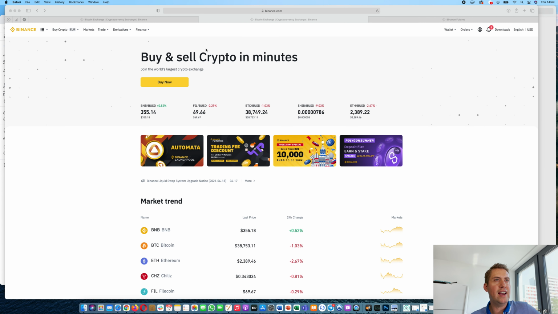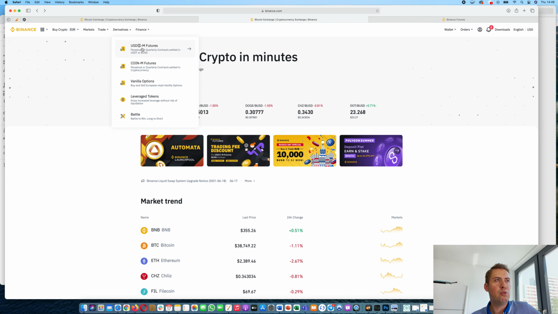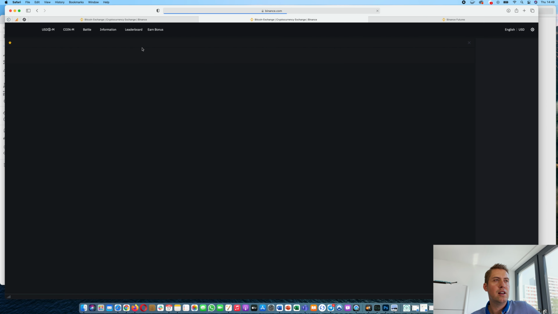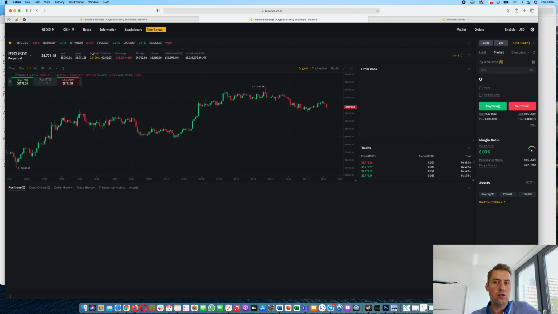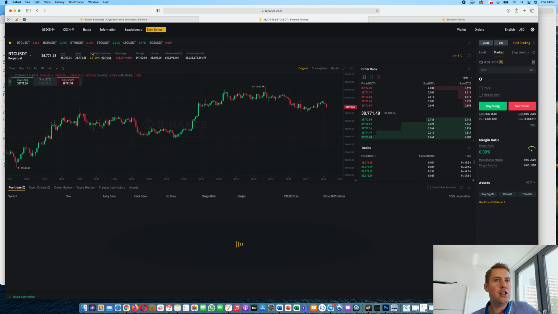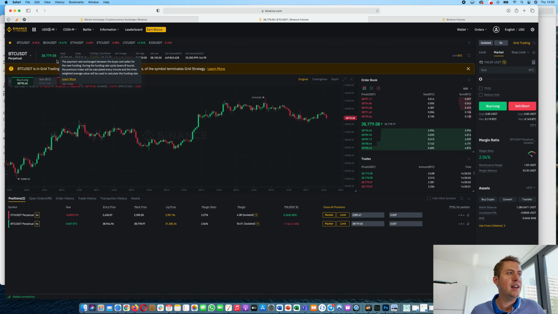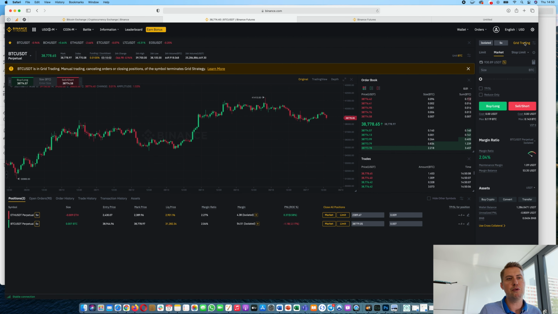So let's look at the grid bots on Binance. We will go to Binance Futures, and I'm using the USDT futures. With every successful trade here, you are increasing your stack of USDT, so Tether. As you can see, I have two grid bots here.